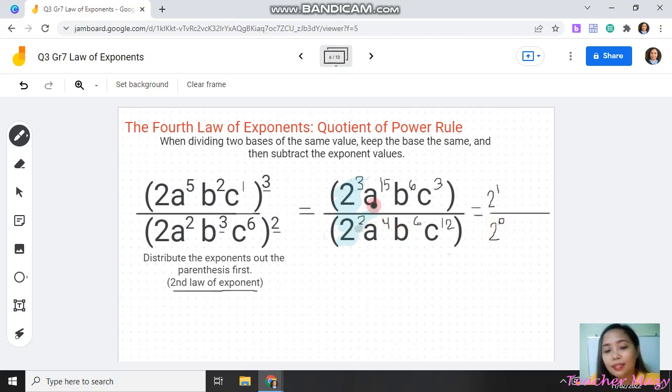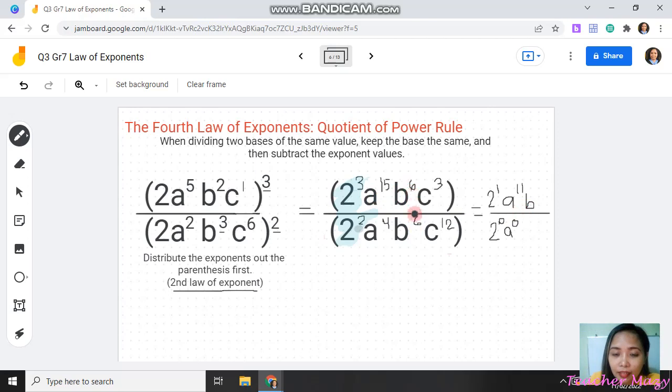And so, next is A. Sulat muna natin. So, A. So, 15 minus 4, that is 11. 4 minus 4, that is also equal to 0. Next, for B. Ayan.